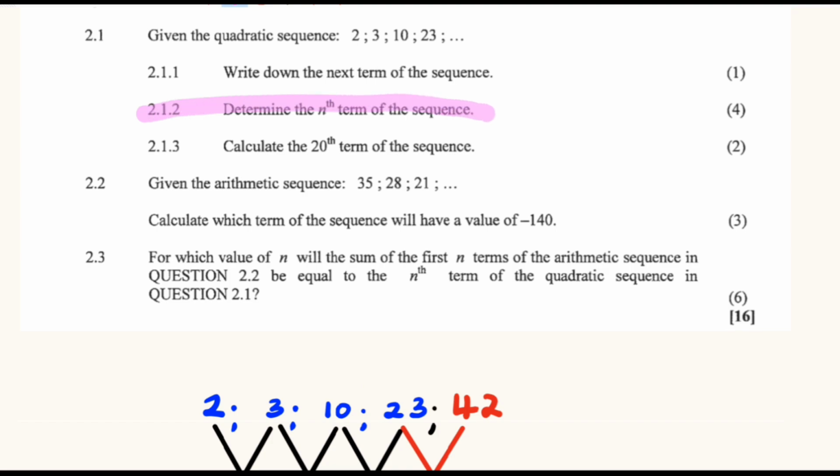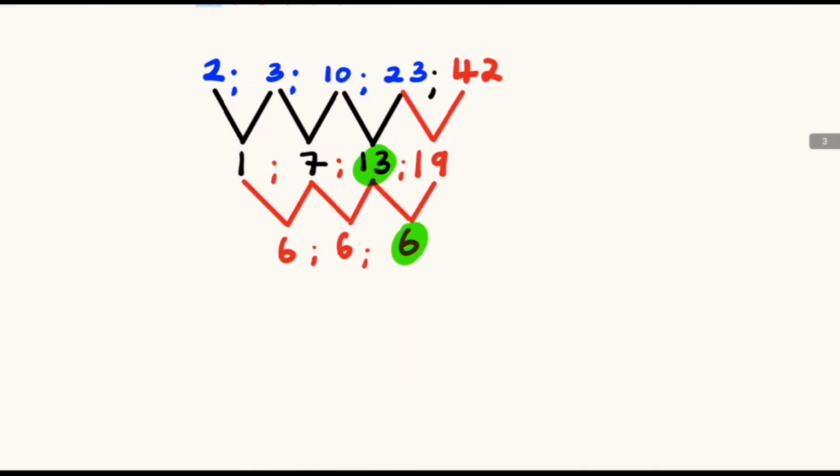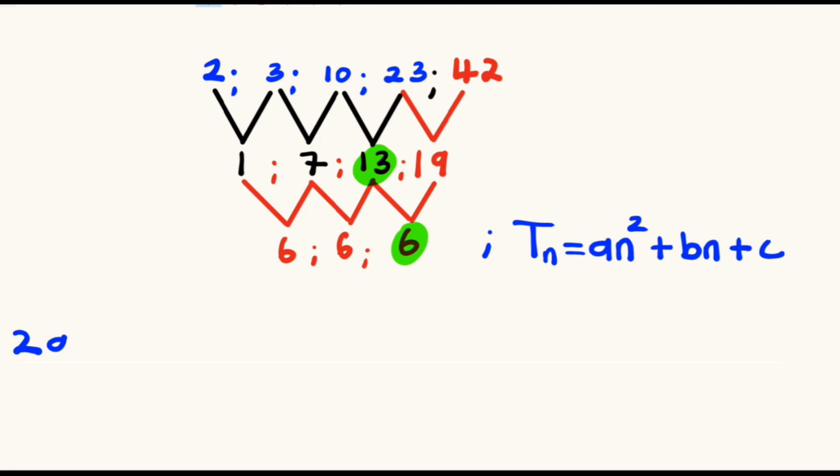Question 2.1.2, we determine the nth term of the sequence. So the general term, we have Tn is equal to a multiplied by n squared plus bn plus c, and we know that 2a is equal to the second difference.